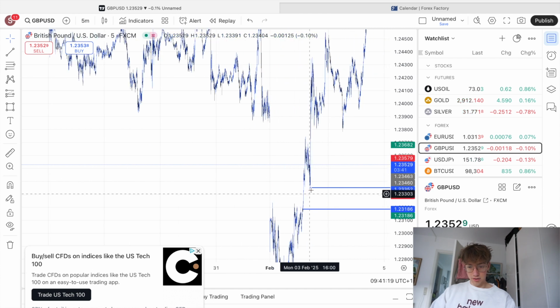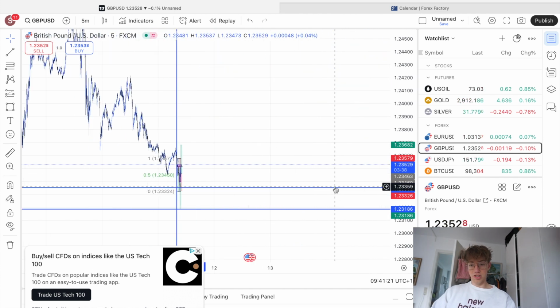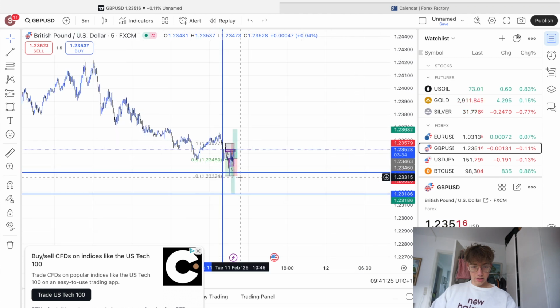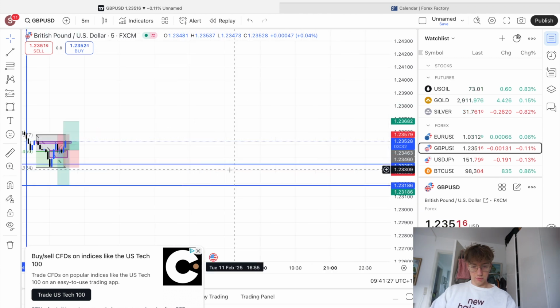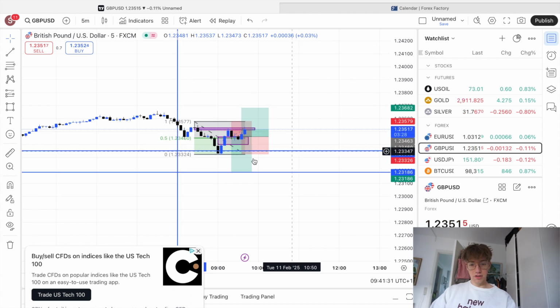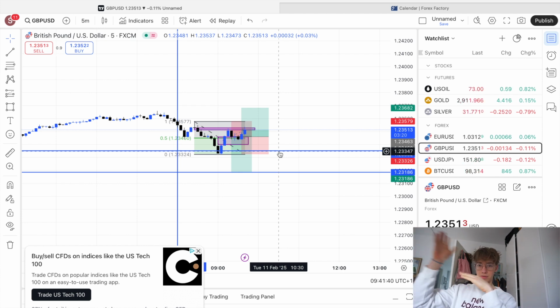But we have this liquidity line over here we just took out, and I thought, well, oh my god, let's get into this. So I didn't think it through. I wasn't thinking liquidity sweep, break of structure up to the upside.